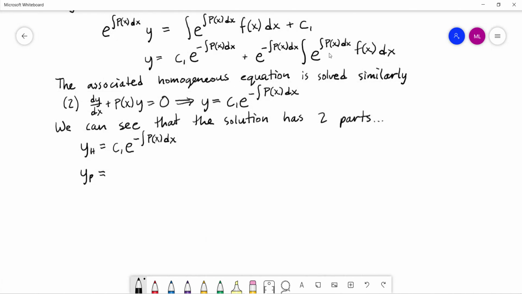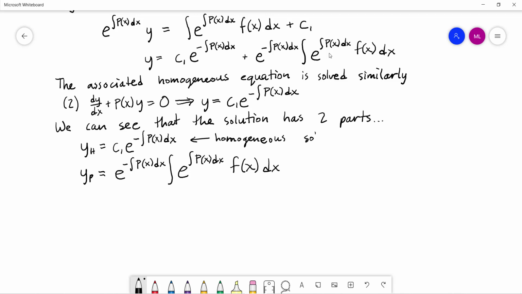It's the e to the negative integral of p of x dx times the integral of e to the integral of positive p of x dx times the f of x dx. This big hideous piece here. So this is the homogeneous solution. And this is the particular solution.